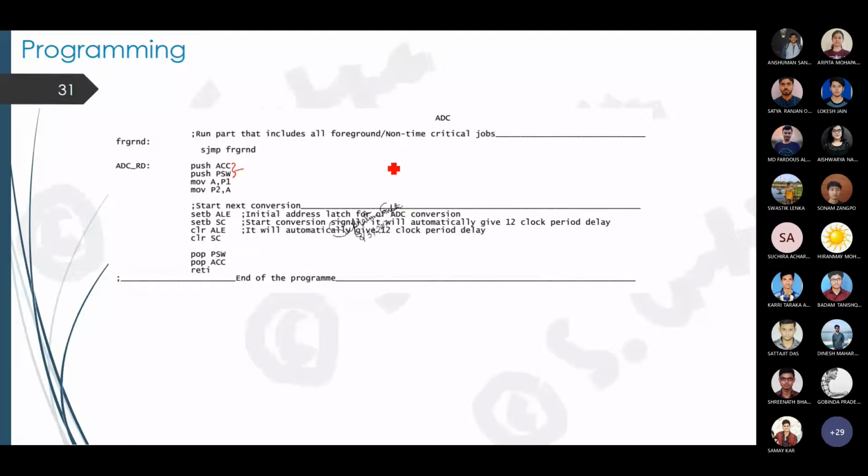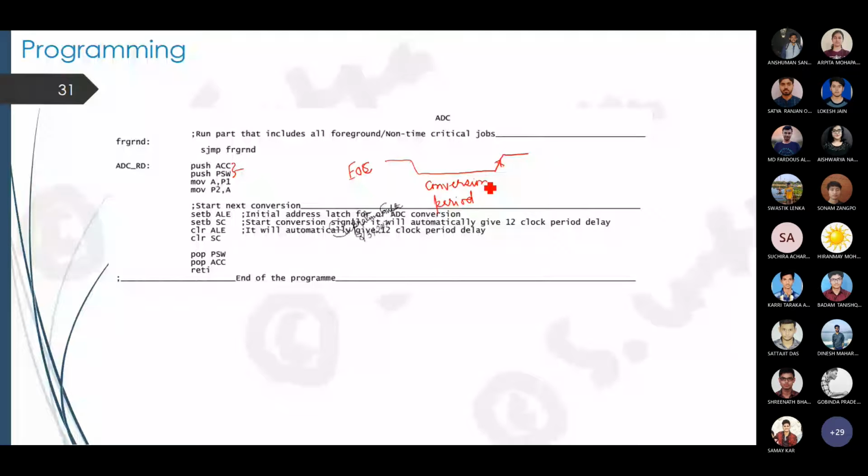now what are the conditions of EOC? Whenever the conversion is carrying on, this is the conversion time, the conversion period. And you can see that whenever the conversion is over, there is a positive edge, right?